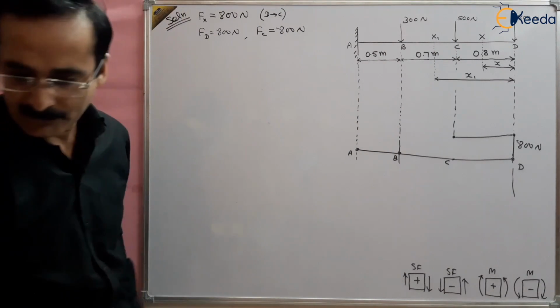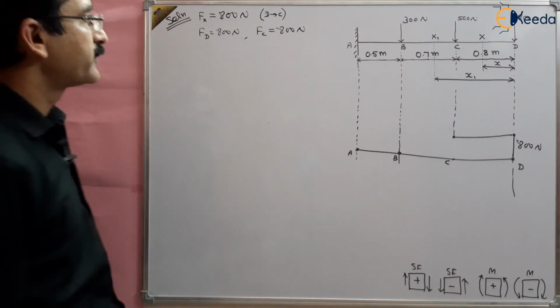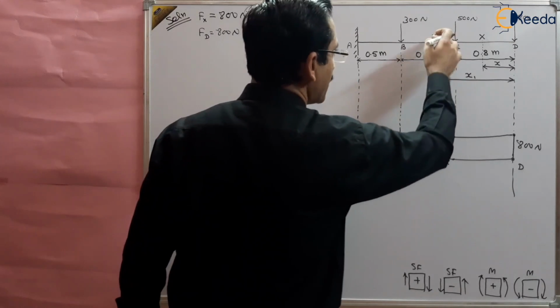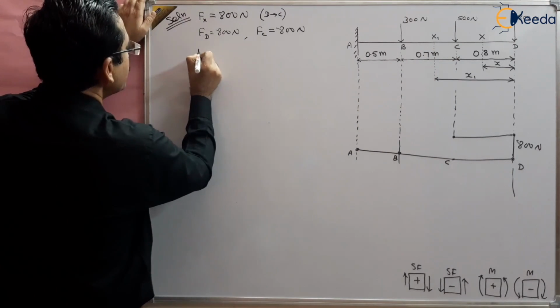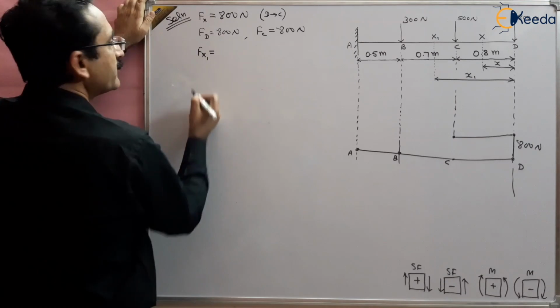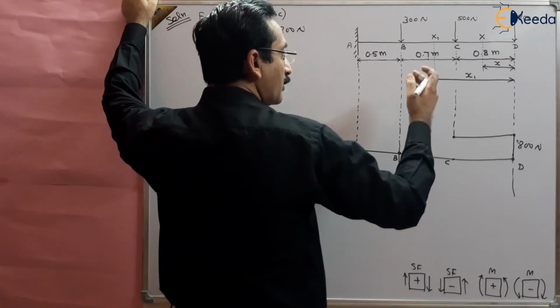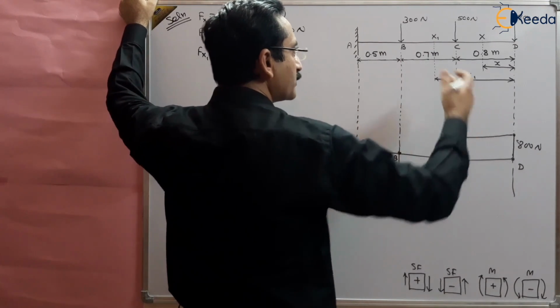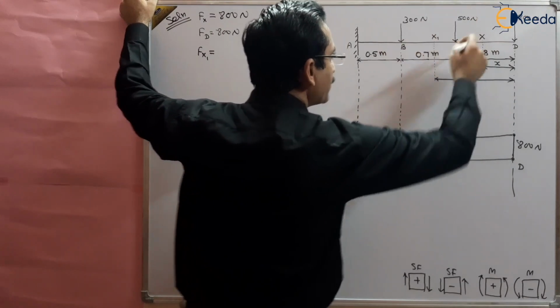What is the shear force at this x1? Fx1 will be equal to the algebraic sum of all the forces to the right of the section, 800 plus 500, right?